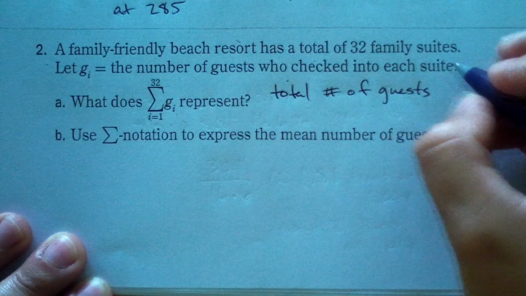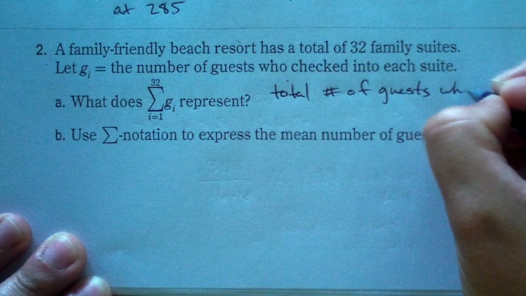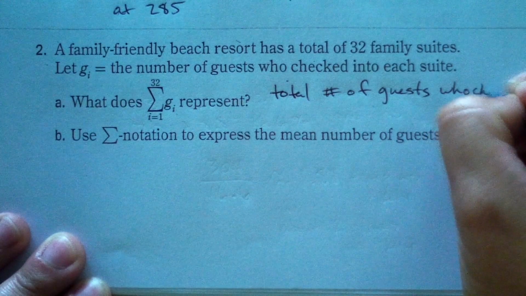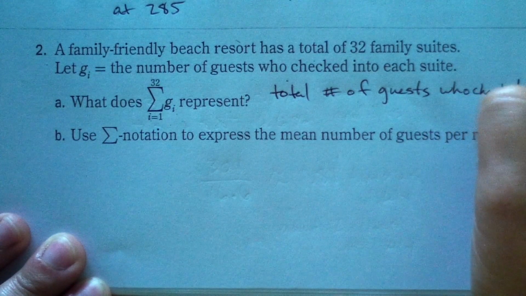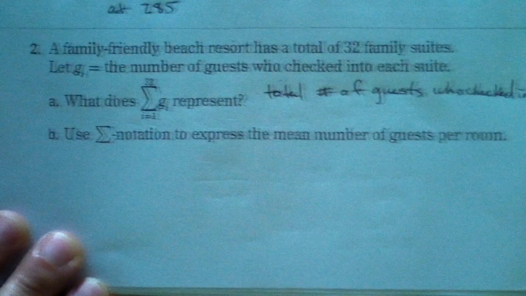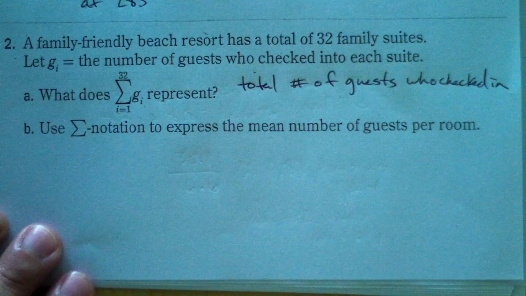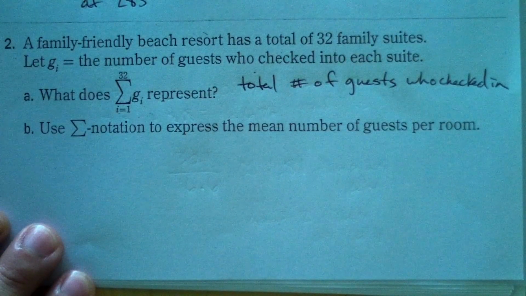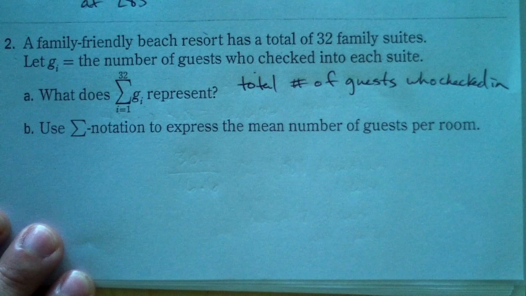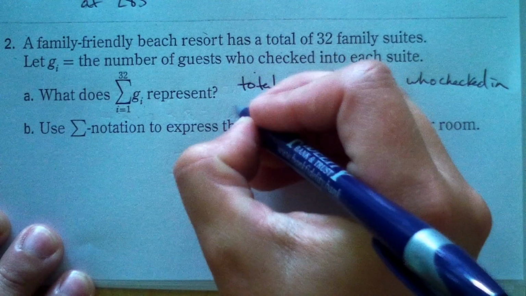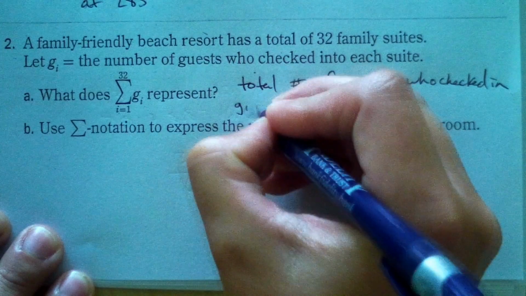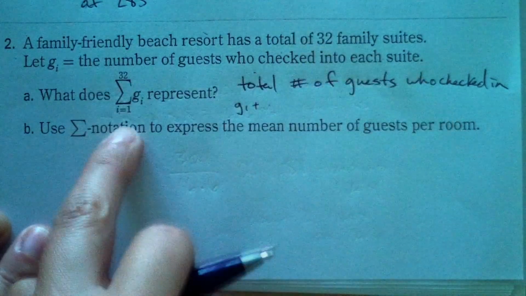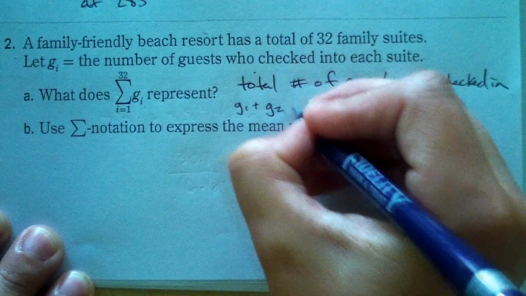Or instead of dividing by 32, you could do that fraction 1 over 32, and then times our summation thing, but it's the same exact summation notation, if that makes sense. So again, it's just a different way of writing this stuff out. It's kind of a more advanced way of writing the mean out, if that makes sense. Okay.